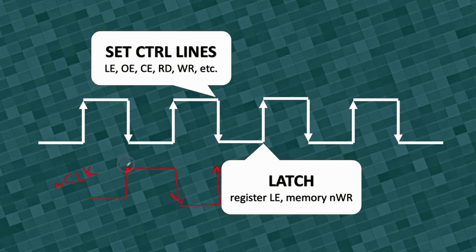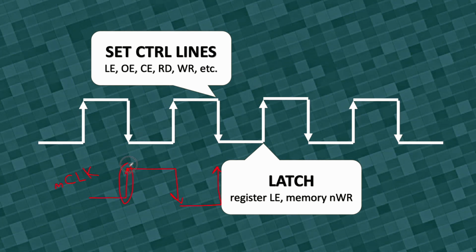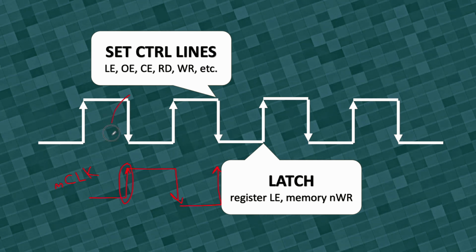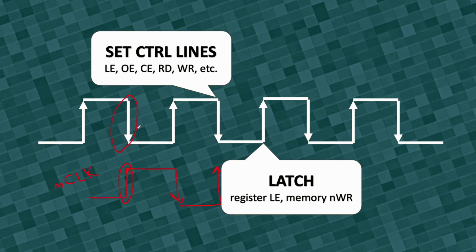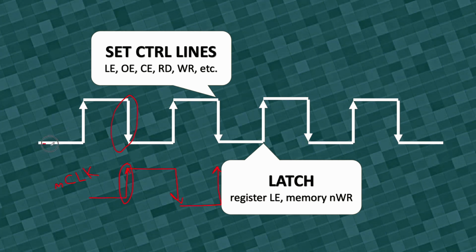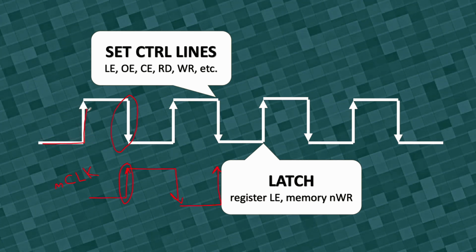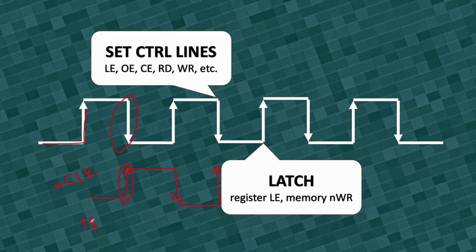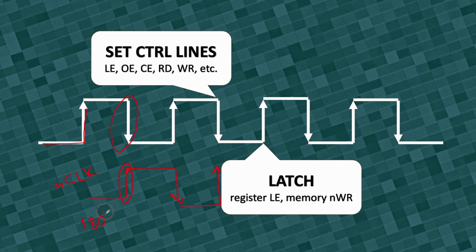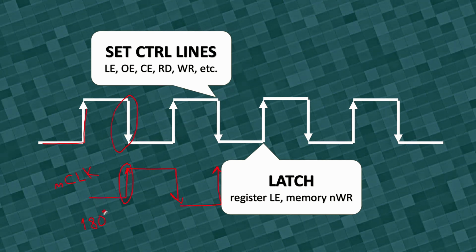And the chips will respond to this rising edge, but this rising edge will correspond to a falling edge of the main clock. So we call it a two-phase clock because this clock is the main clock, so that has a certain phase, and this one has a 180-degree phase shift compared to the main clock.